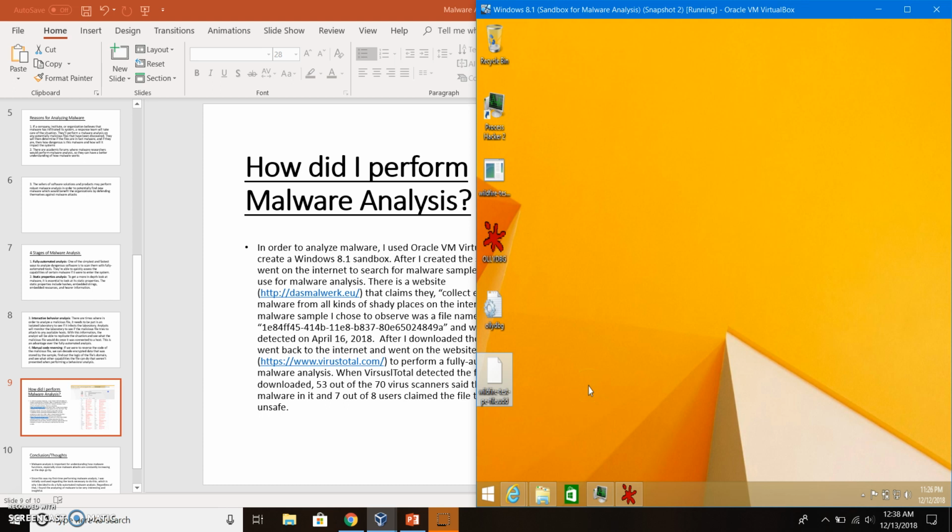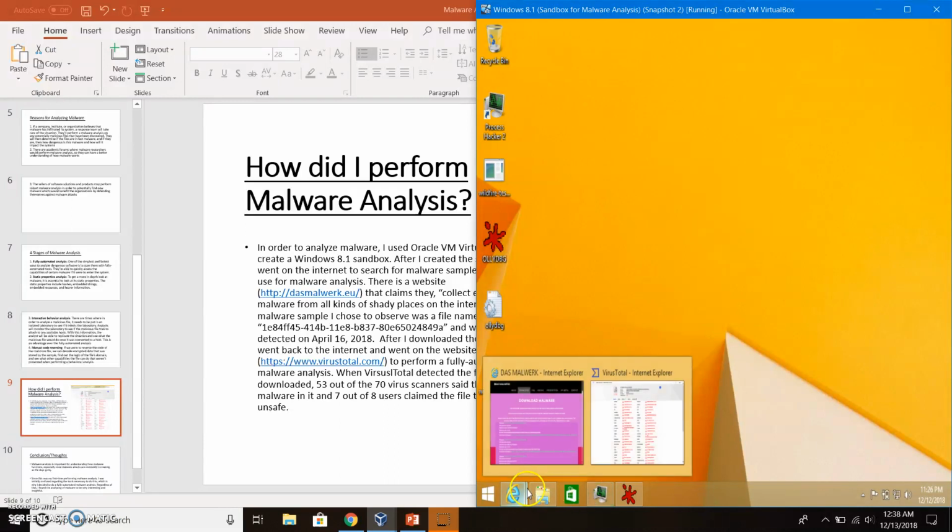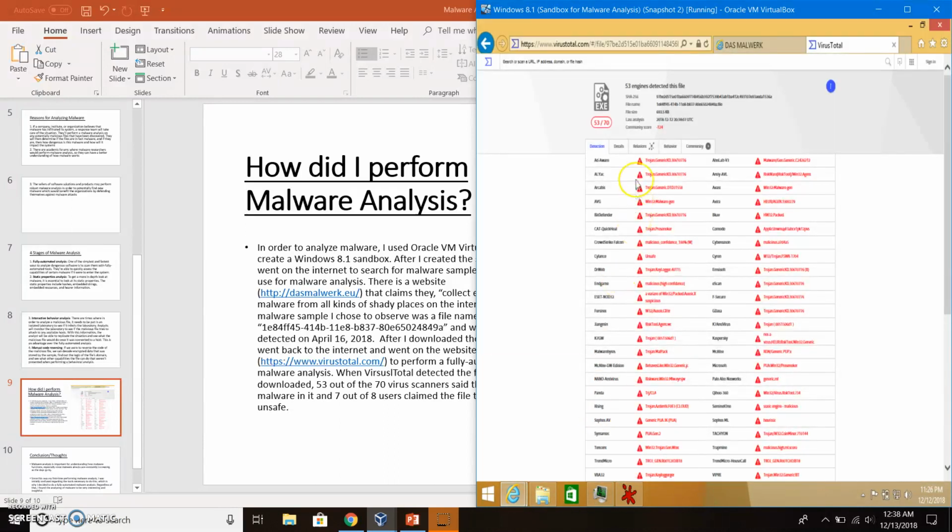This was also considered a malware that can be used for testing, a sample I've gathered from the internet to use to test malware. And when I use VirusTotal to detect this file, there wasn't much that was found. It was considered generally safe.